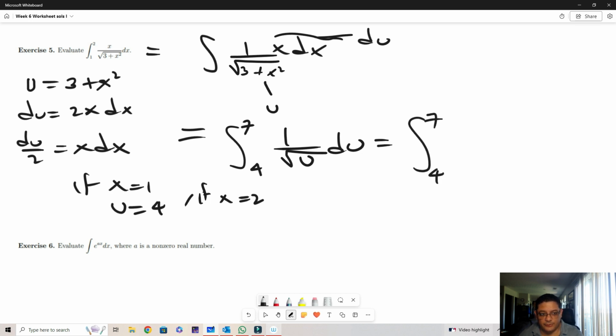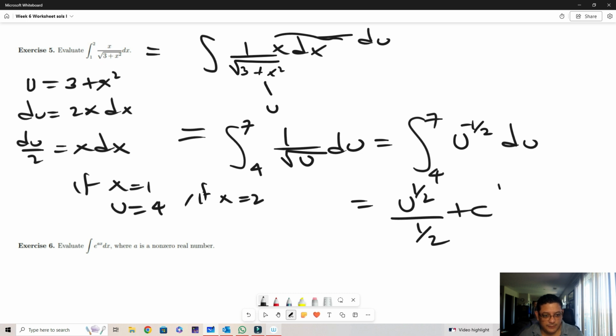So this is from 4 to 7, and this is u to the minus 1/2, putting this up here so it can be seen as a power. And now I can integrate, and this is going to be u to the 1/2 over 1/2, using the powers, plus c, if you will, between 4 and 7.